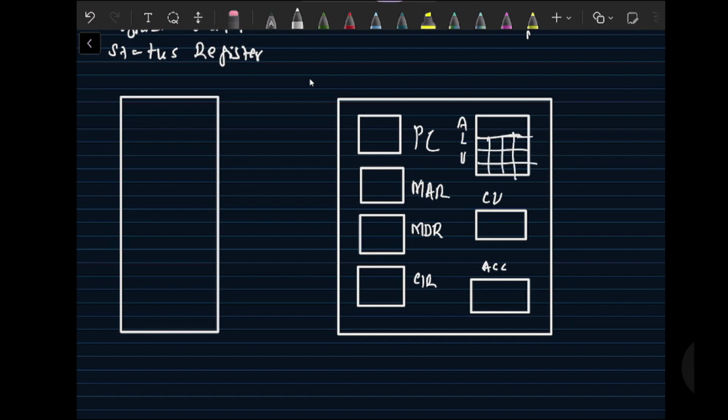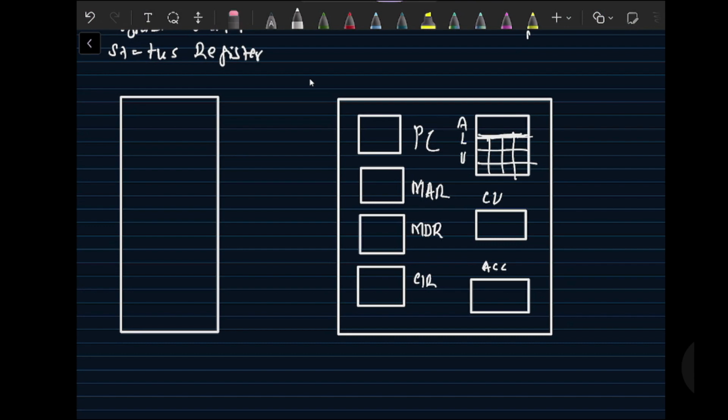I draw the ALU like this always just to give the reference of its role in the processor. ALU is the section that performs all arithmetic and logical operations. So all these boxes, these white boxes, these are the registers.